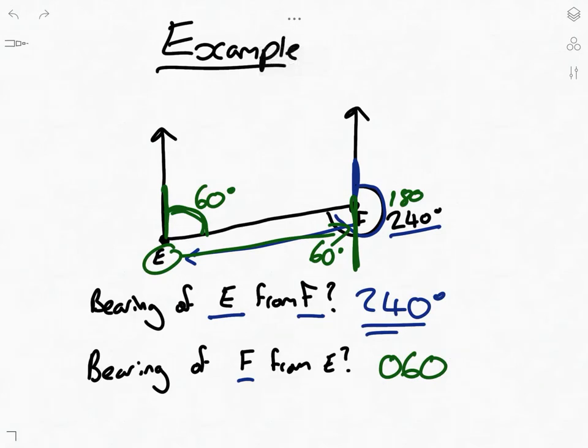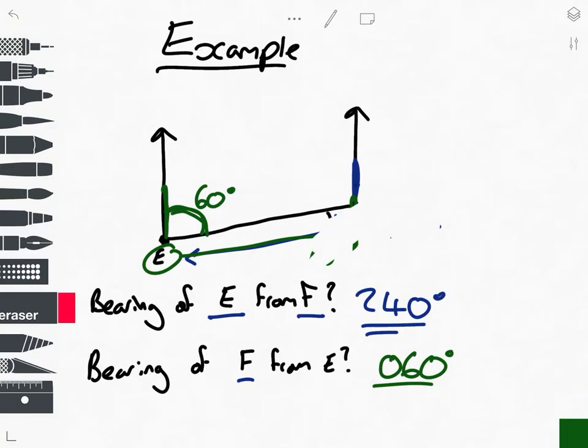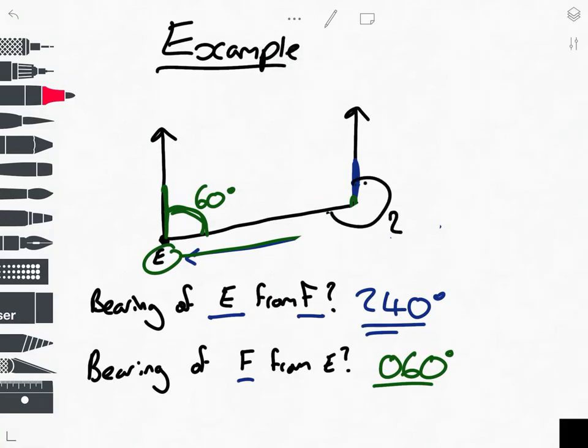Maybe another way to do it. Oh yeah, the other way to do it would be, let me rub them out. So we knew that this, oops, I'll get a black pen, said this was 240 degrees.